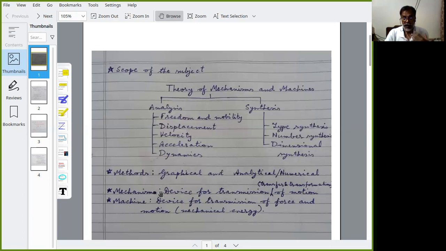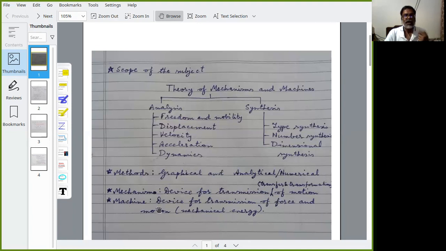But when the forces are quite important, like in engines, etc., then you talk of machines. A device for transmission of force and motion. That is transfer and transformation of force and motion.